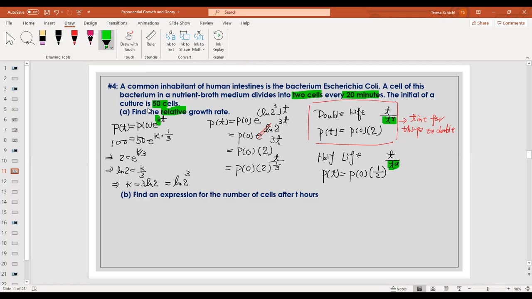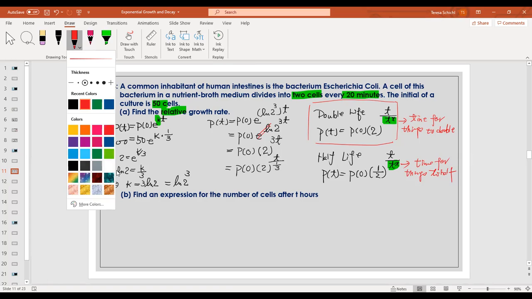This t star is the time for things to halve. If they die out by half every 2 hours, then your t star will be 2.